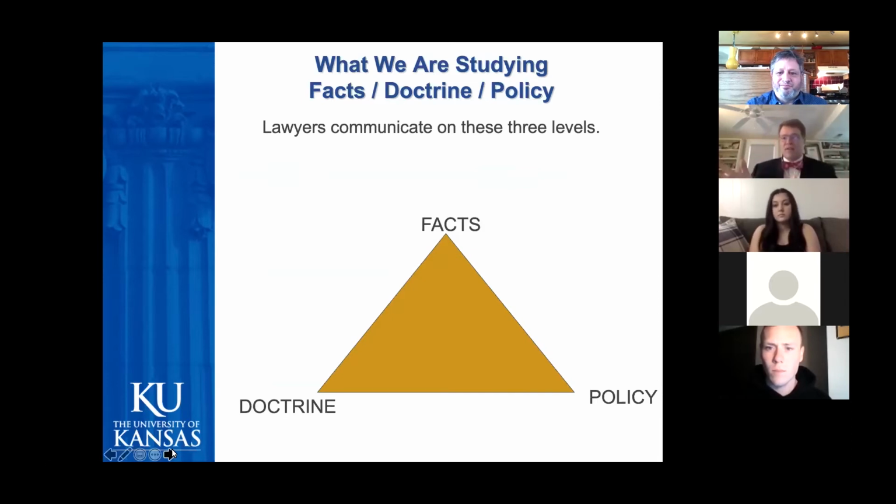We'll also look at doctrine, which is nothing more than a 50-cent word for rule of law. We may use this broader term doctrine to cover different types of rules. At a basic level, there are at least 2 different types of rules.